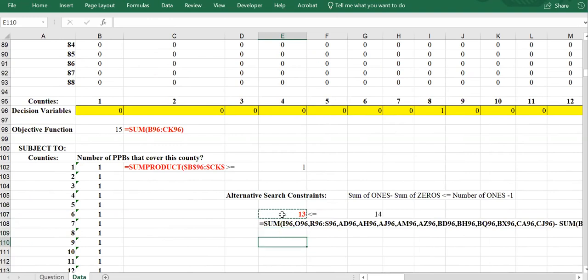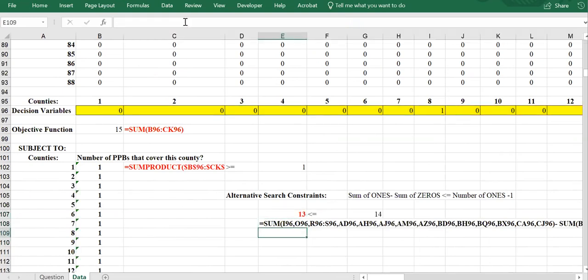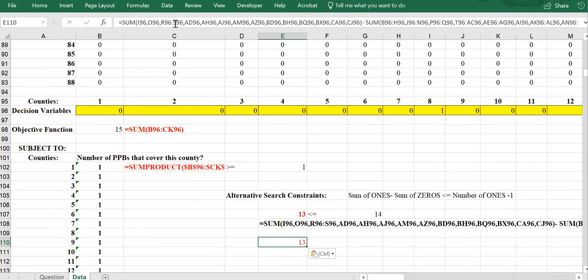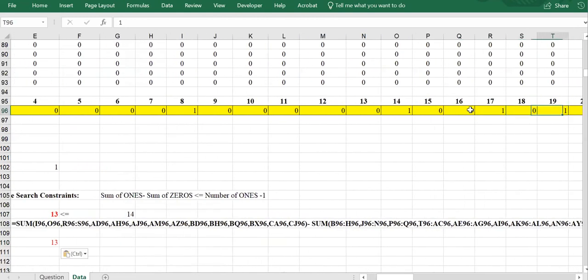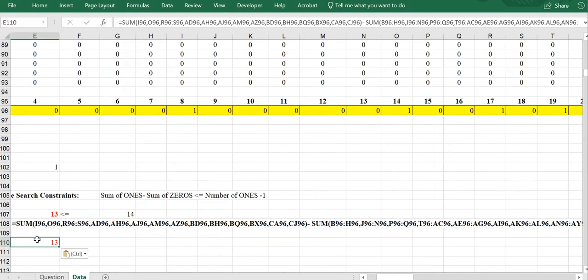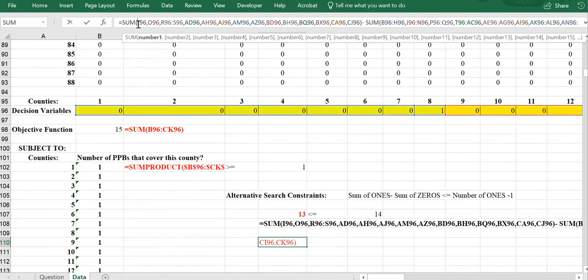So I'm going to copy the same formula, Control C, paste it right here. I said 18 and 19. Let's take a look at them. S and T. All right, so I'm just going to change those. So S and T, S here, or ST.